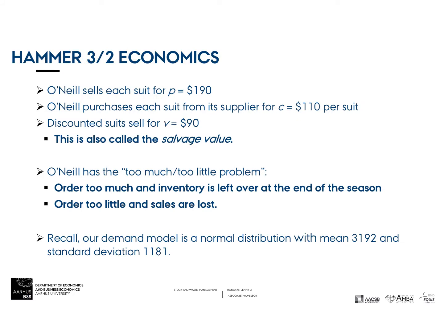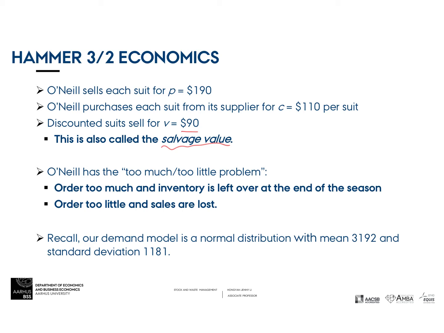Here we continue the HAMR 3.2 example. We also know the cost and price information for this example. The selling price is $190 and the purchase cost is $110 per unit per suit. If you cannot sell this item in the regular selling season and you have to sell it in the discounted market, then you have a salvage value of $90.